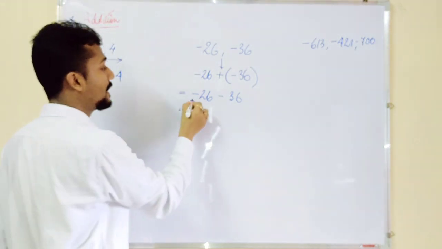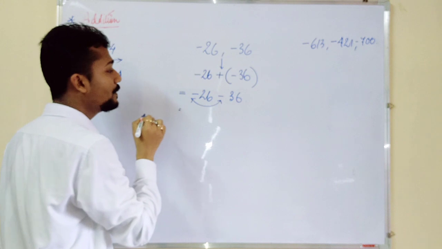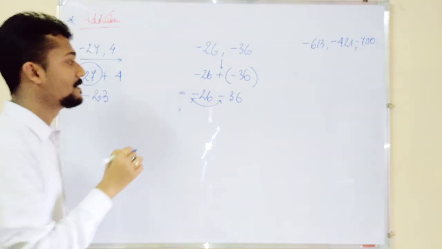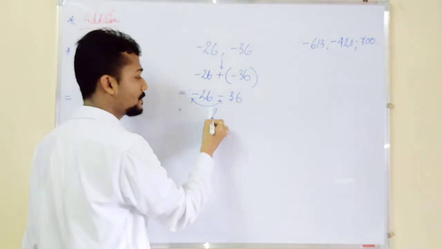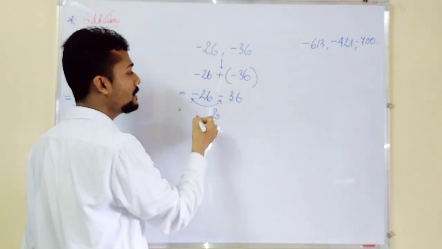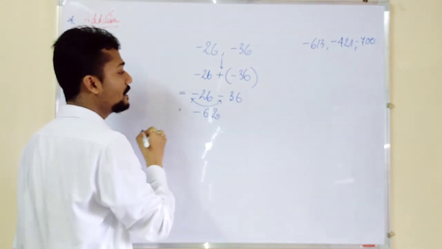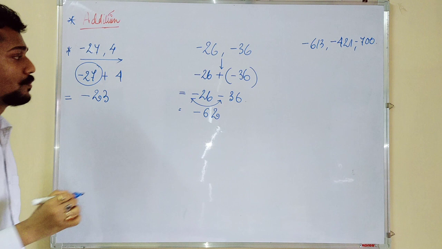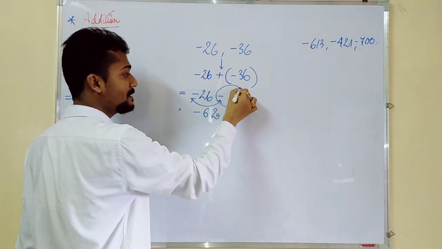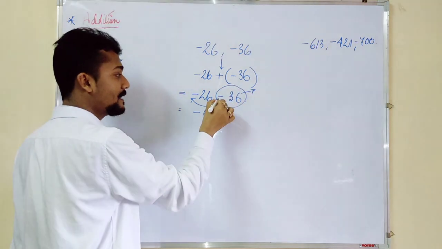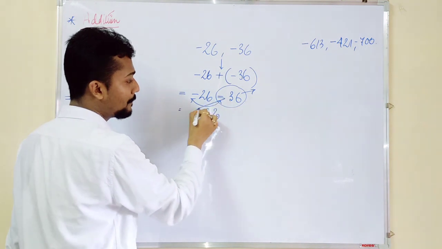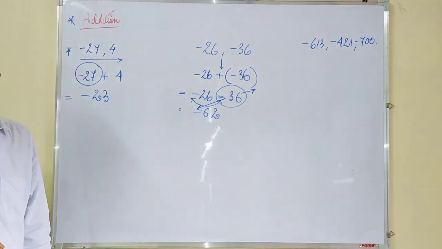Now see, minus minus, we are going to add them. 6 plus 6 is equal to 12. Carry 1, 3 and 3 is 6. So 62, minus 62. Why minus 62? Minus 36 is greater in magnitude. Hence we put the minus symbol here.